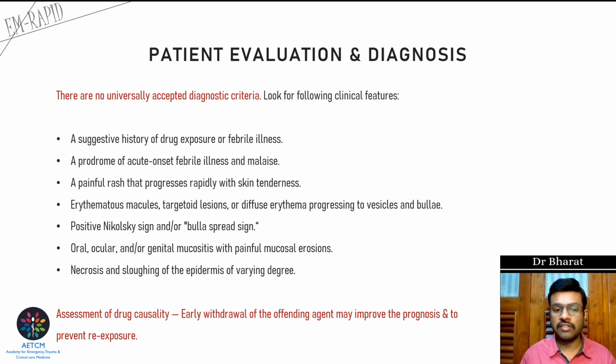A positive Nikolsky sign or bulla spread sign is highly sensitive. Oral, ocular, and genital mucositis with painful mucosal erosions can point towards SJS/TEN, and necrosis and sloughing of epidermis of varying degree can be seen. Assessment of drug causality and early withdrawal of the offending drug is very much required.